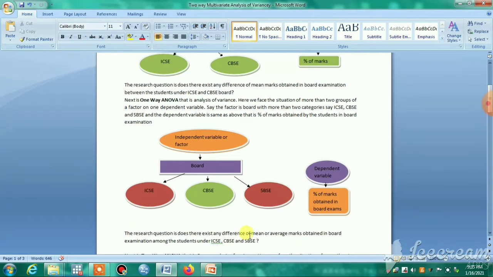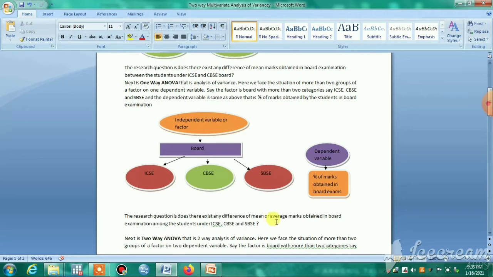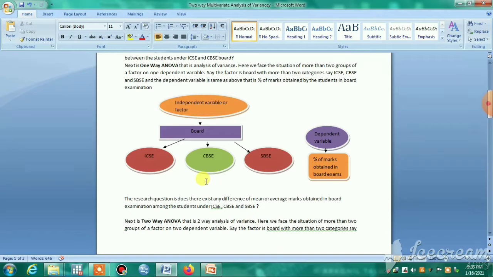The research question now: does there exist any difference of mean or average marks obtained in board examination among the students under ICSE, CBSE and SBSE? So this is one-way ANOVA, since the only factor is board.